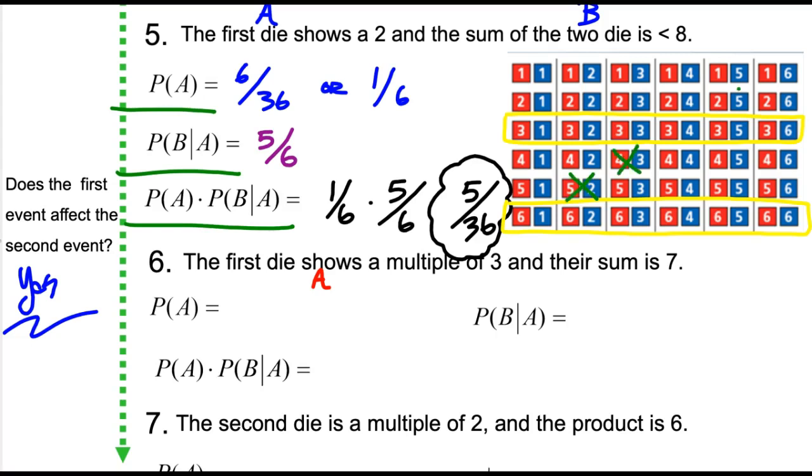Neither is that one, neither is that one, and neither is that one. So it's limiting our options to have a sum of 7. So the probabilities are going to be dependent. Okay, so the probability of showing a multiple of 3 is going to be 12 out of 36.